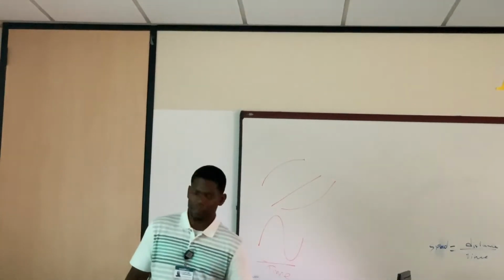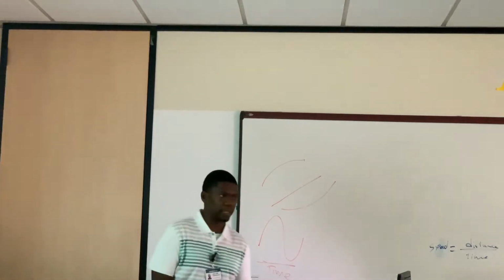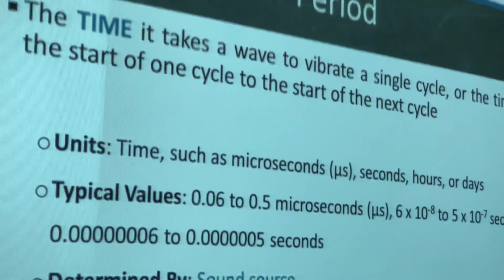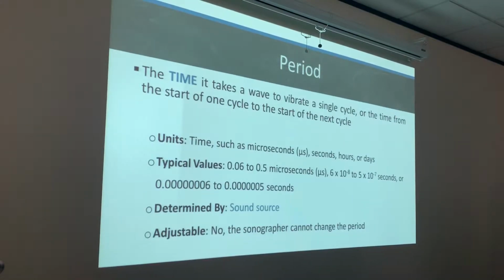Period is measured in units of microseconds, because that's how fast these sound waves are actually traveling. When we're talking about diagnostic ultrasound, it's measured in microseconds, but it can also be measured in any unit of time, seconds, hours, or days.